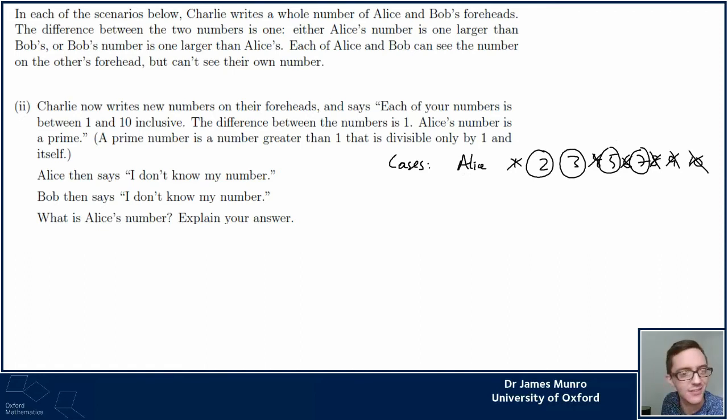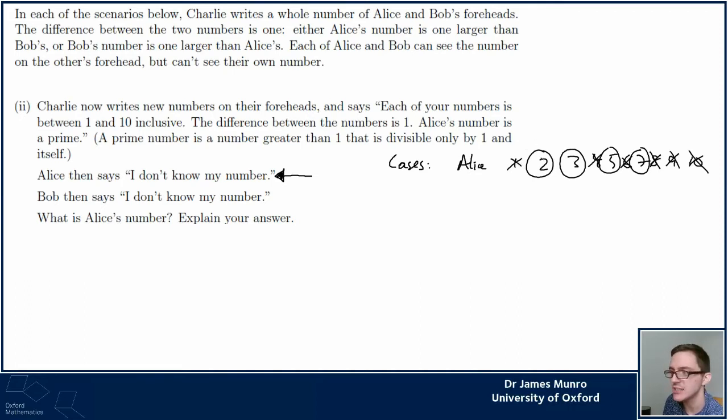What does that mean? What does this tell us? I don't know my number. So there's quite a few cases here, right? If Alice sees the number 1, then she would know her number was 2. So it can't really be that.